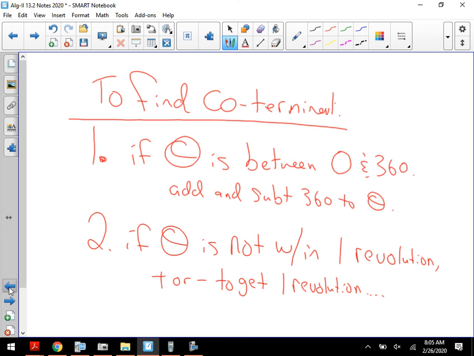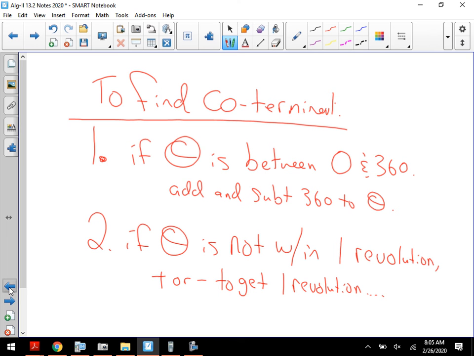In order to get within one revolution, I'd have to add 360 to it, and lo and behold, I'm at negative 40 degrees for my first negative coterminal. I would add another 360 degrees to get the other side of it, which would be 320 degrees. You're just adding and subtracting multiples of 360.